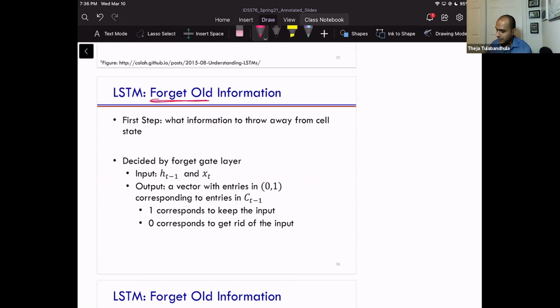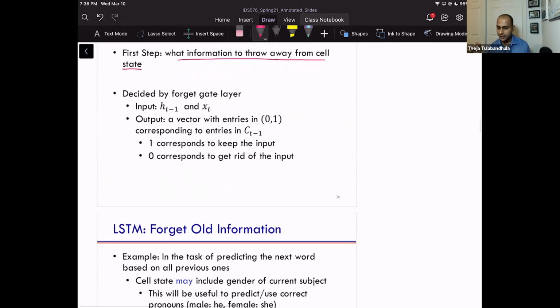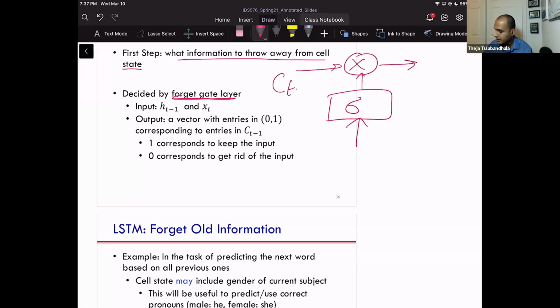So how do you forget information? Forgetting information means we need to throw away information from the cell state. We can do that by using a forget gate layer. A forget gate layer is the same idea. You have a sigmoid, there's some input, there's some output, and there's the cell state CT minus 1 and some output here. Let's call it CT prime, because it will be further modified.